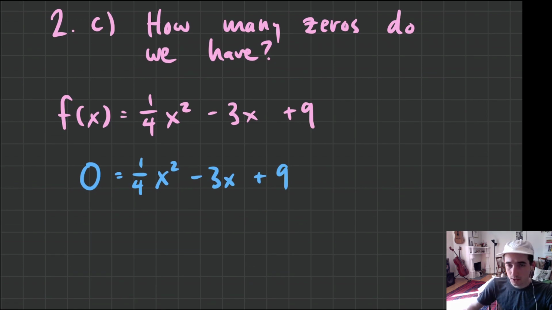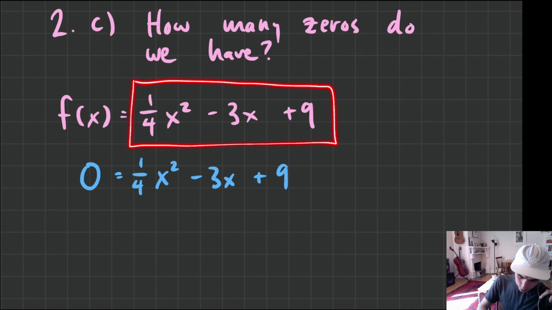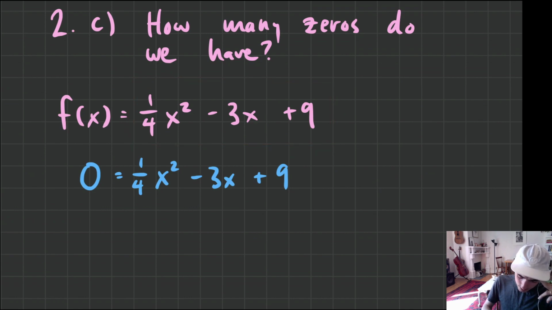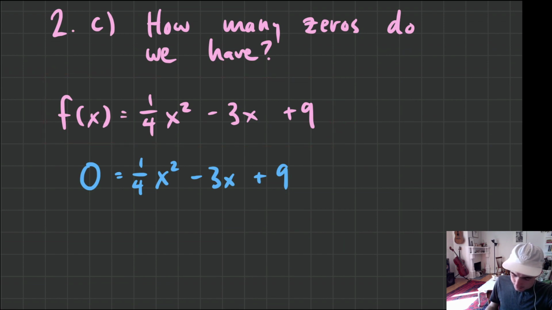If I'm talking about the zeros of a function, I'm also talking about the roots of this polynomial. So this portion right here is the polynomial. A polynomial can have roots and a function has a zero, but they mean exactly the same thing.